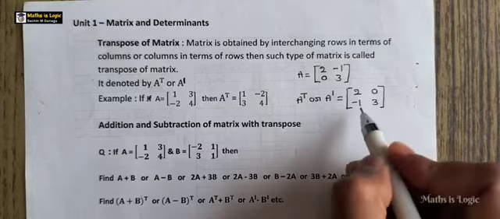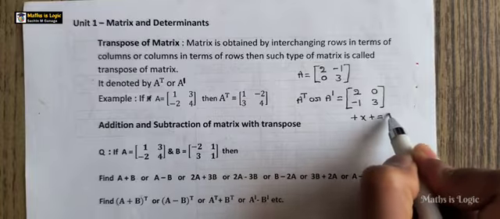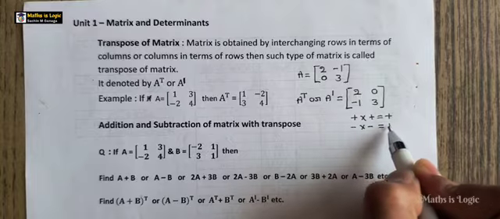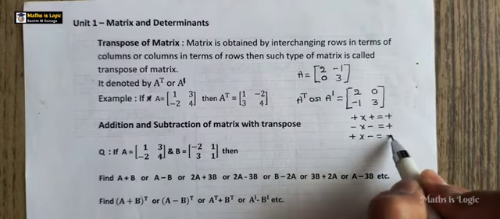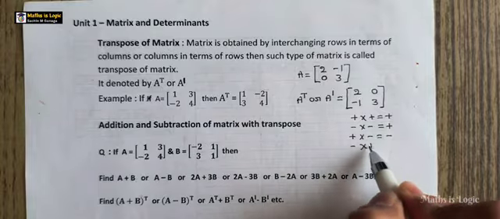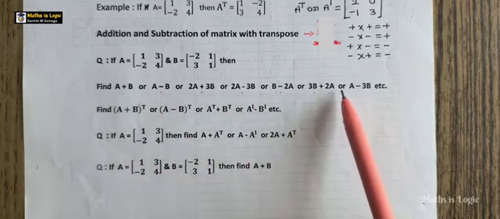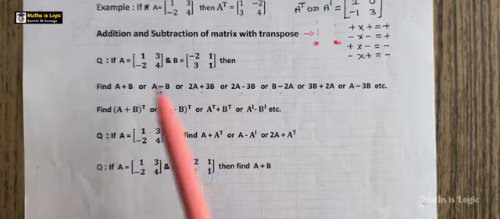So multiplication rule, you know, always plus into plus is plus. Similarly minus into minus is also plus. Next plus into minus is minus, and minus into plus is minus. This multiplication rule we are going to apply while solving the examples without using transpose, and another one is with using transpose.